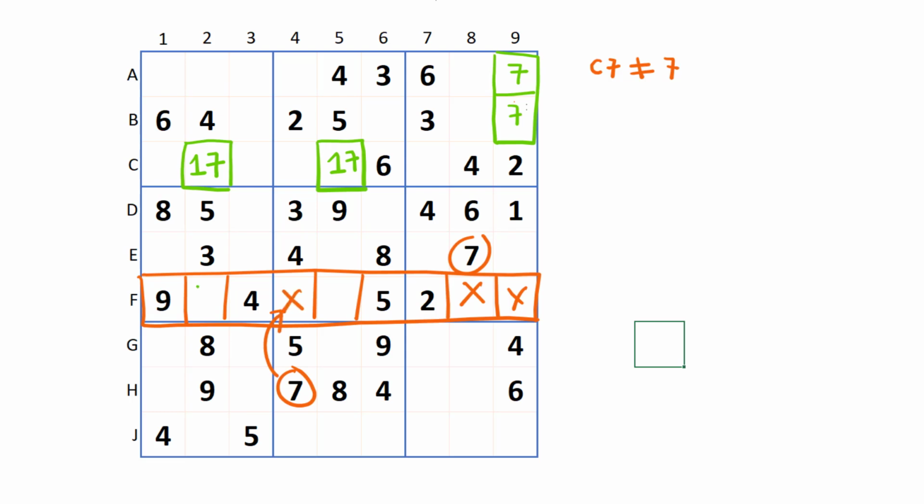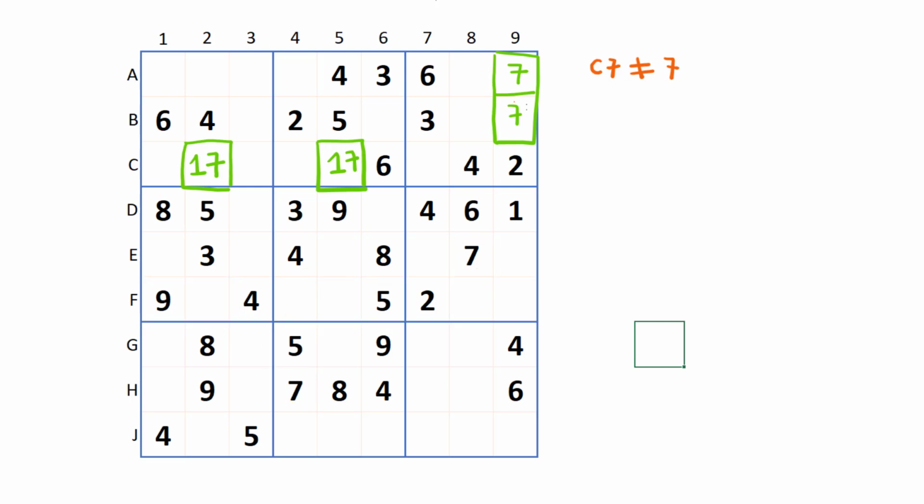Consider column 4. The number 7 already exists, so cell F4 cannot be 7. Therefore, in row F, the number 7 can only be in one of two cells, F2 or F5. With the possible cells for the number 7 as above, I proceed to the next step as follows.